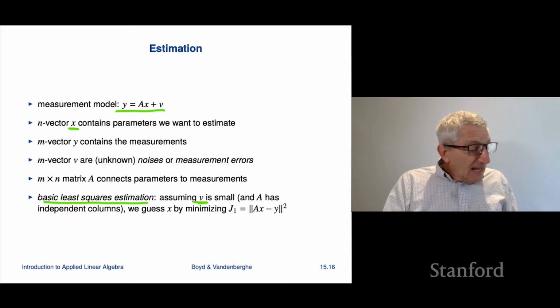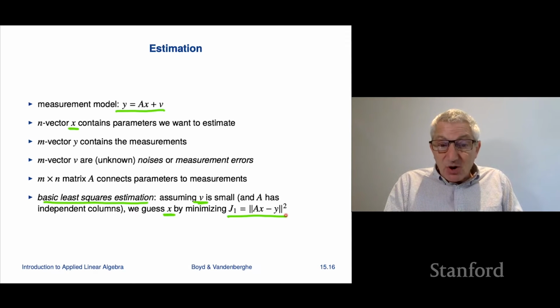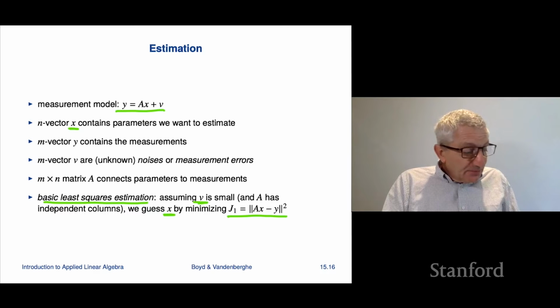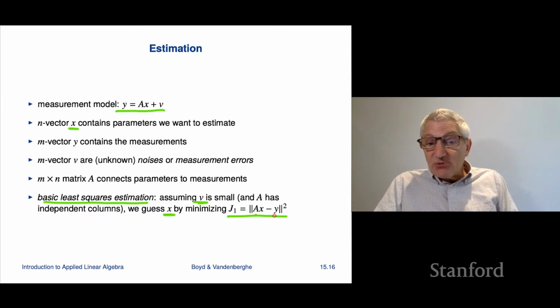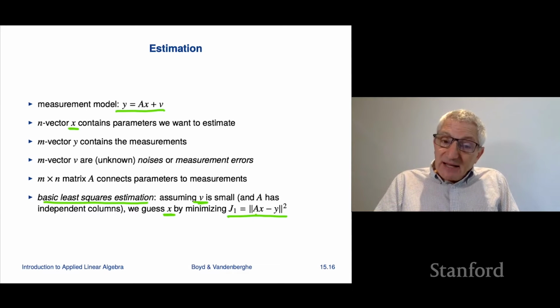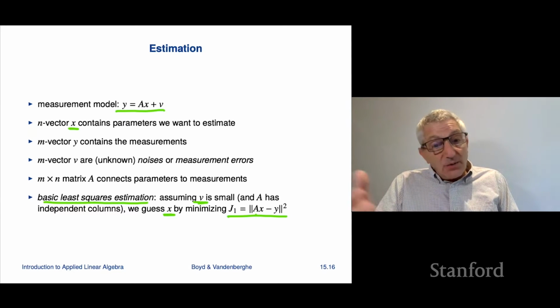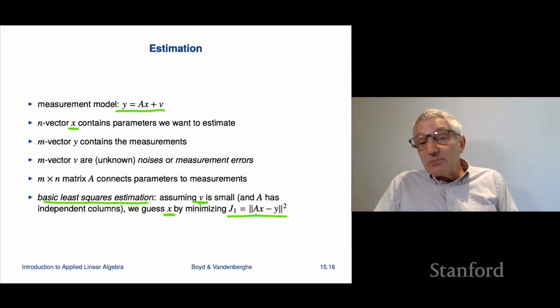Okay, and so here's least squares estimation. You are going to guess x by minimizing the norm of Ax minus y. Now let's note what that is. Ax is what our model says y would be without noise. y is what we actually observed. And so this says, please choose me an x for which our model output would match as closely as possible what we actually measured.